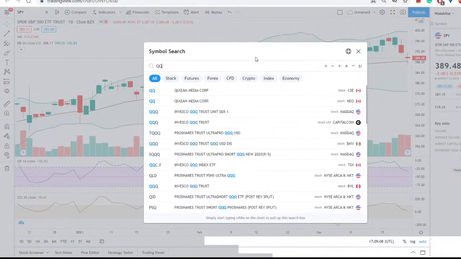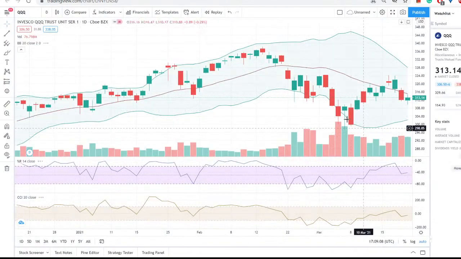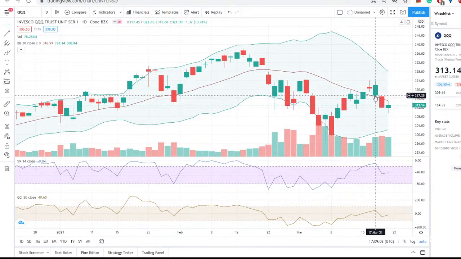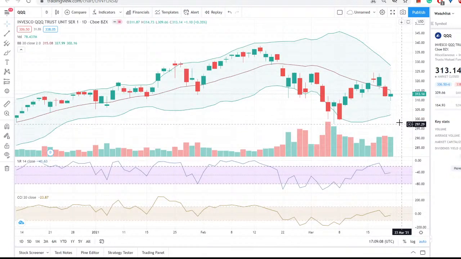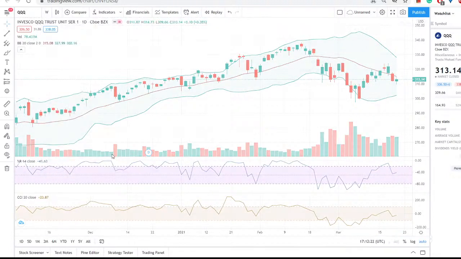Let's see QQQ, a similar trend to NDX, since most of the stocks are also on this index. On the downside, expect it to get support around 300. 300 could be a support. Let's quickly check the weekly chart.